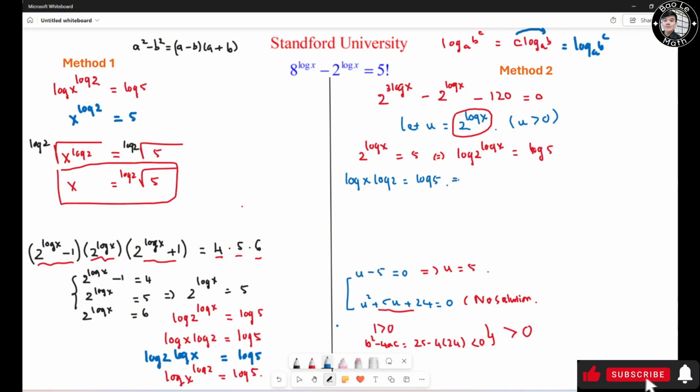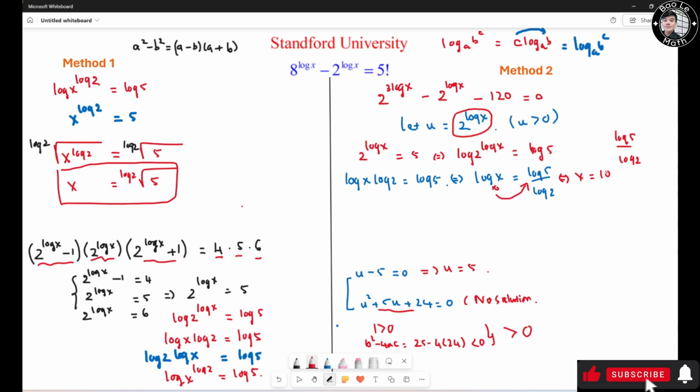Now this turns out to be log s equals log 5 divided by log 2. And then s equals 10 to the log 5 over log 2. Remember, if you see nothing here, it means base 10. So in order to find s, we need to take 10 to the power of this.